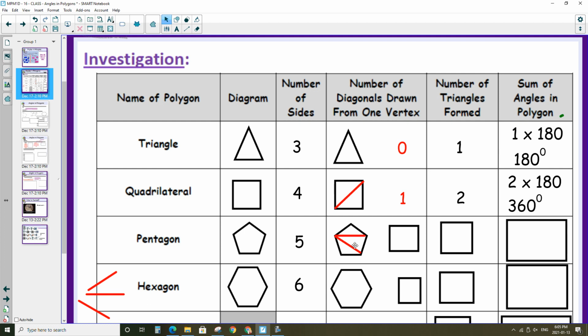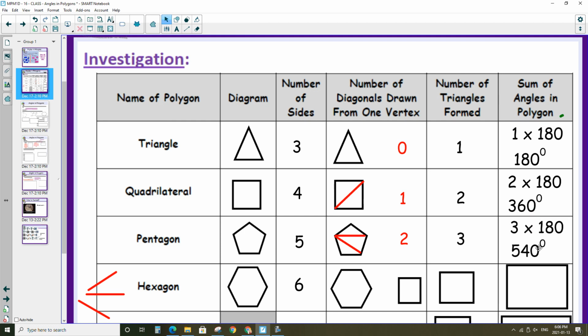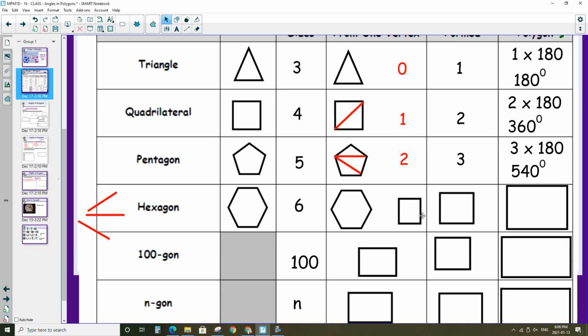When I do that here, I drew 2 lines and I created 3 triangles within the shape. So the sum of the angles within that shape is going to be 3 times 180, which is 540 degrees.